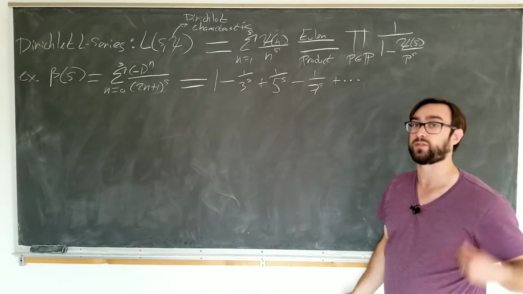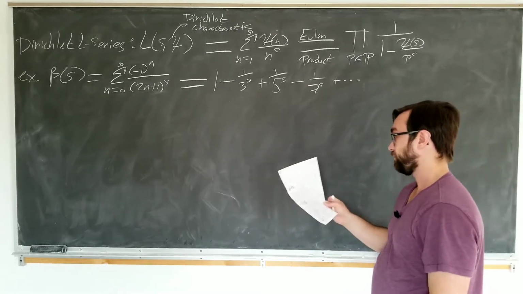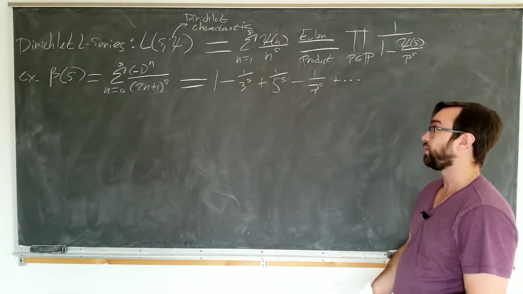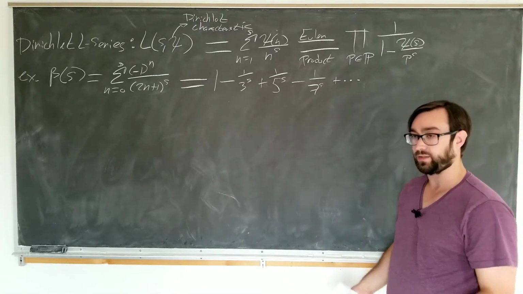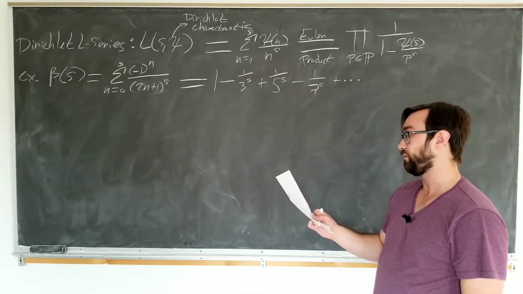So we basically took some terms that we had from the zeta function and changed some signs. And that's all the L functions really mean. They aren't really that scary. It just allows you to do more things than you could before with the zeta function.